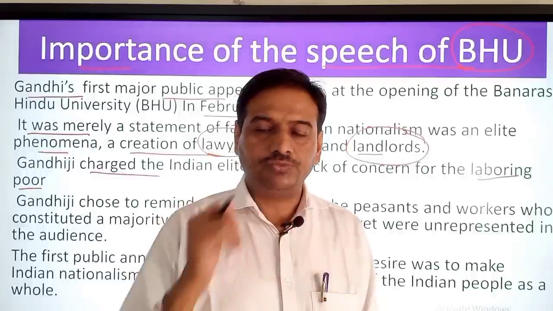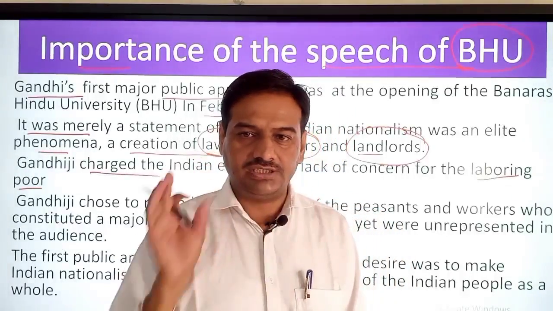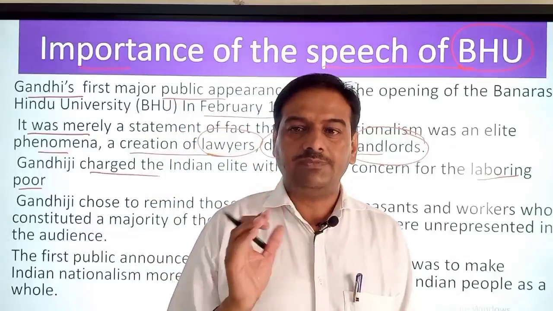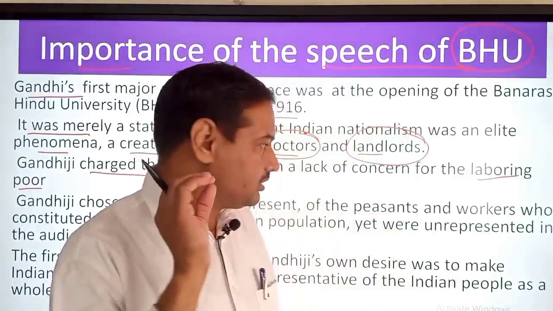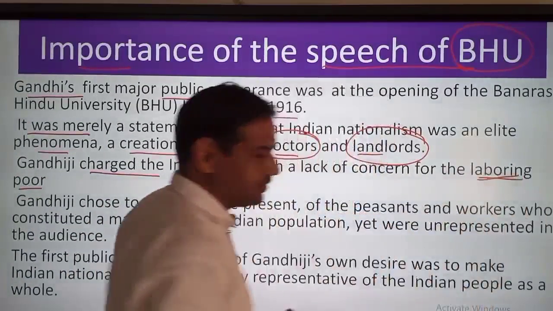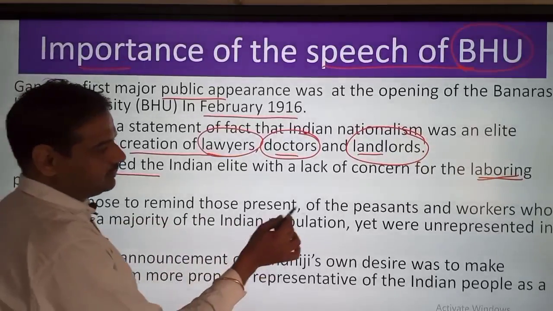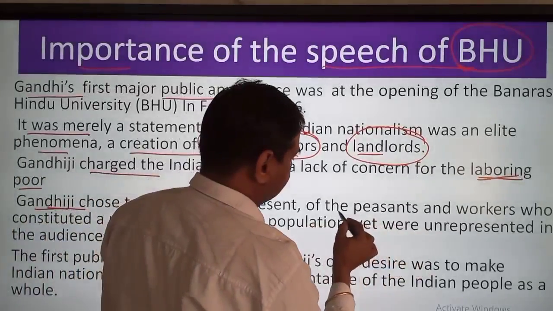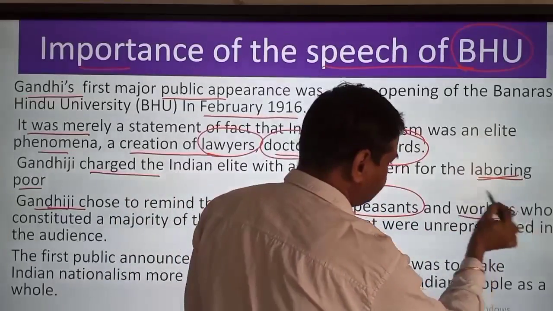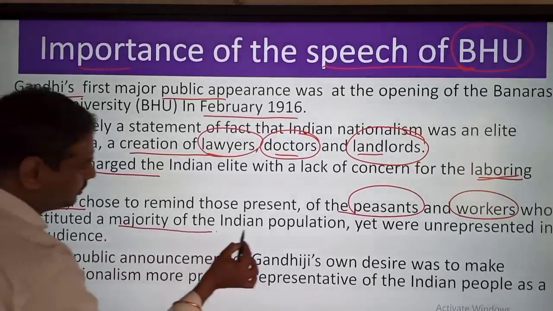the inauguration of BHU. So Mahatma Gandhi charged the people who were sitting on the stage, who were from the aristocratic background. He criticized them for not being considerate to the laboring and poor people of India. Gandhiji chose to remind those present of the peasants and workers. He asked them to think about the peasants and the working class people who constituted a majority of the Indian population.